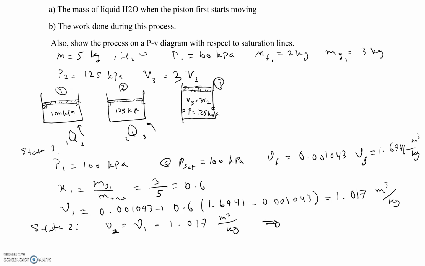And also, you know that your pressure at state 2 is equal to 125 kilopascal, right? Okay, so we have this information, and you need to know what is the state of your system at state 2. Okay, in terms of, are you in compressed liquid, are you in superheated vapor, or you're still in saturated vapor liquid mixture, right?